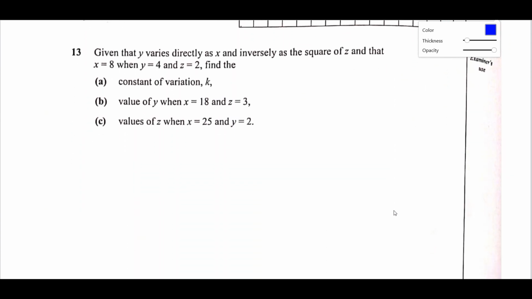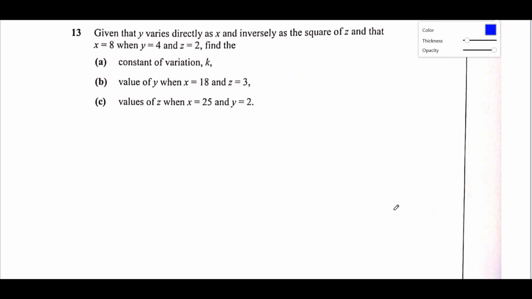So let's have a look at the last question for this video. So given that y varies directly as x, so directly as x, as you can see, these two are in the straight line, and inversely, so inversely it means it has to be a fraction, inversely as 1 over square of z.